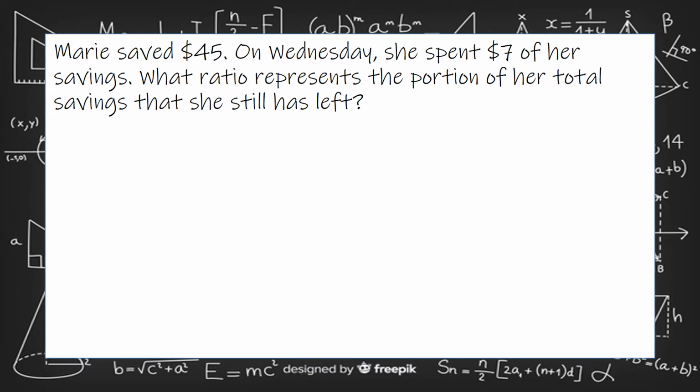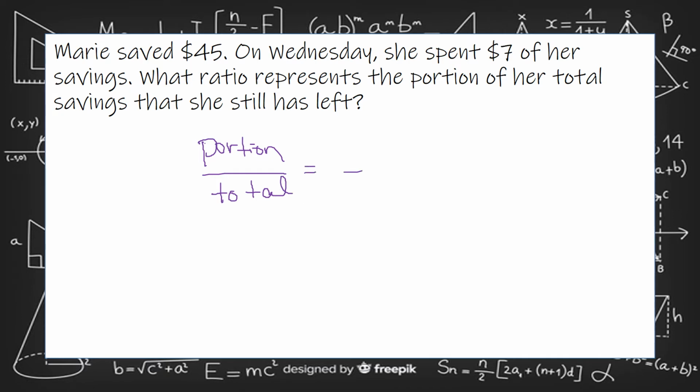Marie saved $45. On Wednesday, she spent $7 of her savings. What ratio represents the portion of her total savings that she still has left? So we need to put the portion she has over the total that she had.